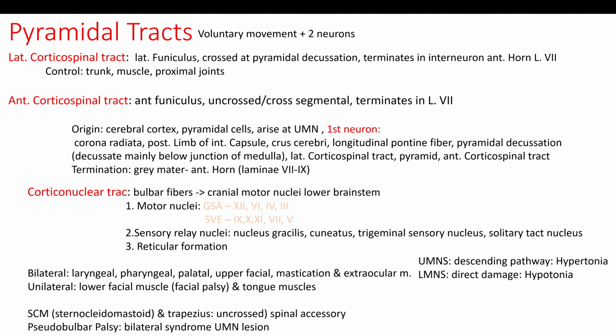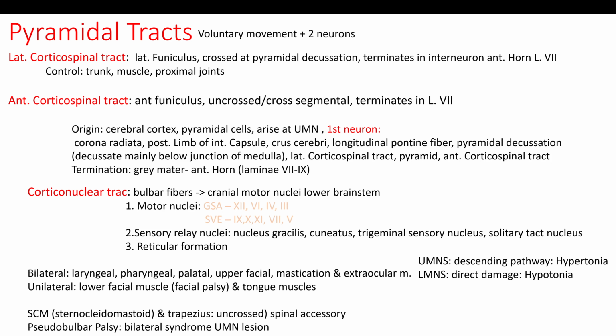Only contralateral fibers go to the lower facial muscles, facial palsy, muscles of the tongue. Sternocleidomastoid, short SCM, and trapezius uncrossed to the spinal accessory, and there's pseudobulbar palsy, which is a syndrome of bilateral UMN lesion.